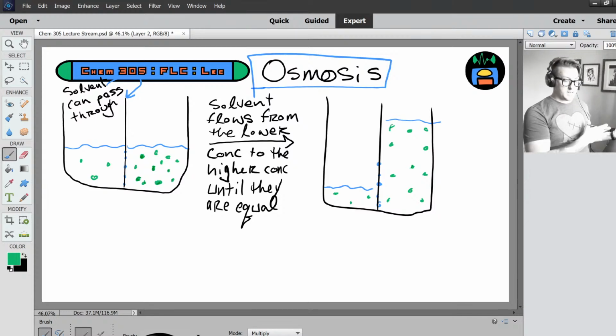All right, it's going to flow from, like I said, the less concentrated side to the more concentrated side. That is the process of osmosis.